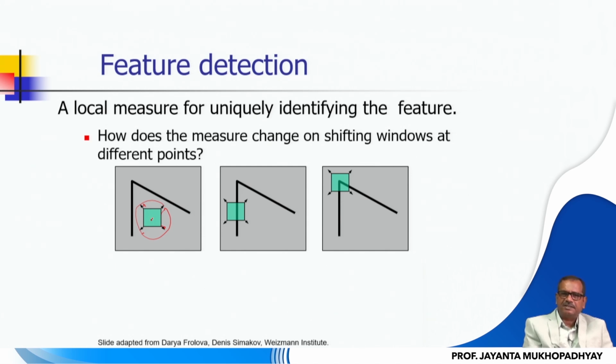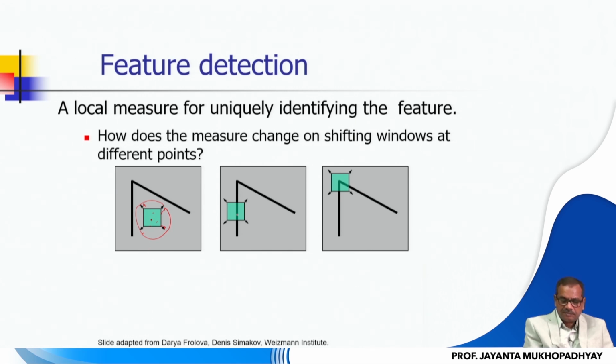It is a kind of energy measure, the sum of squares of all pixel values around this neighborhood. If I move along any direction, that value will remain mostly the same, as this distribution is still the same.